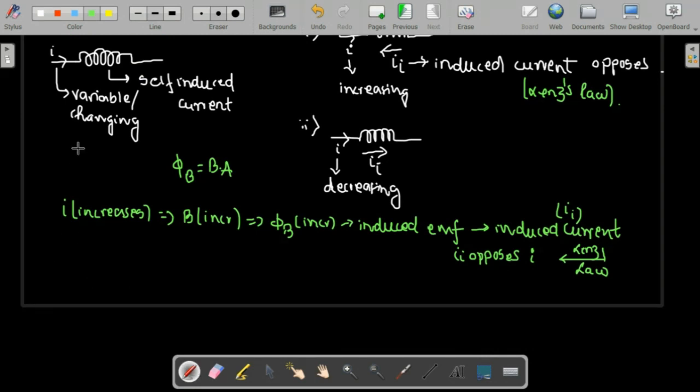Everything is connected here. Let's say I have a magnetic field which is coming out of the plane of the board, like this is my magnetic field, and you have a coil here. It's a current carrying coil.